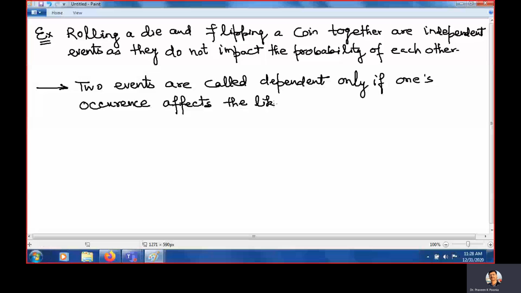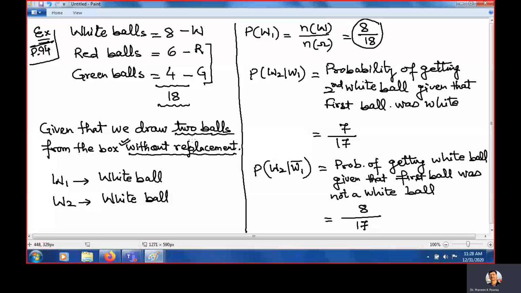Then the events are dependent events. For example, you can consider the question we were solving. If it is with replacement, then the first and second draws are not impacting each other. Without replacement means if we draw the first ball as white, it directly impacts the output of the second.